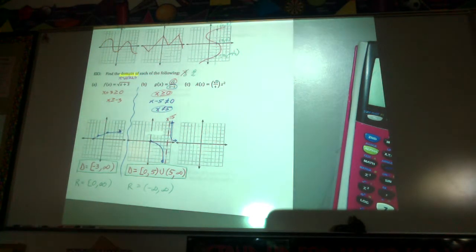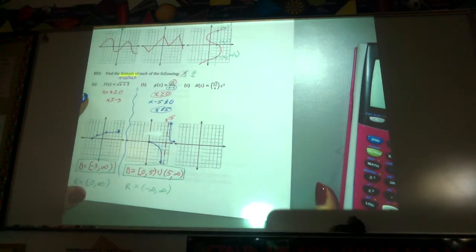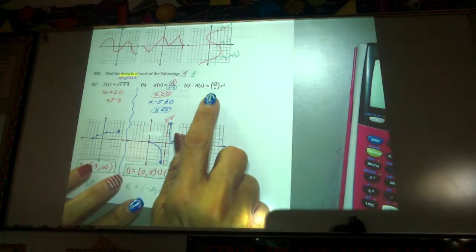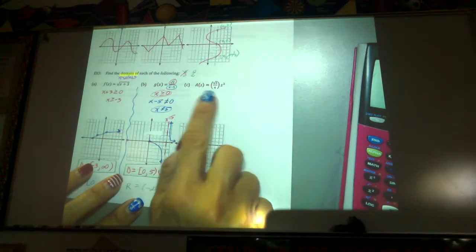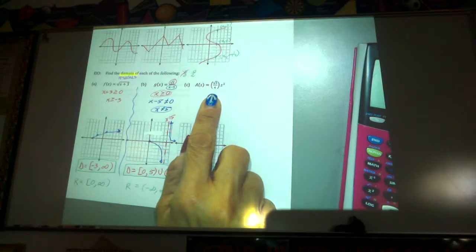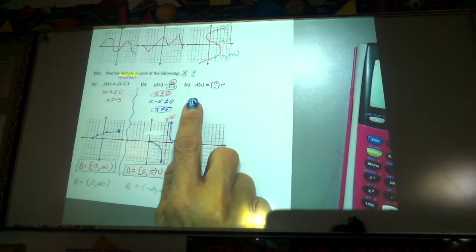All right, so let's continue. Look at the third example. Notice that I've now switched. I don't have f of x or g of x. I have this A of s.